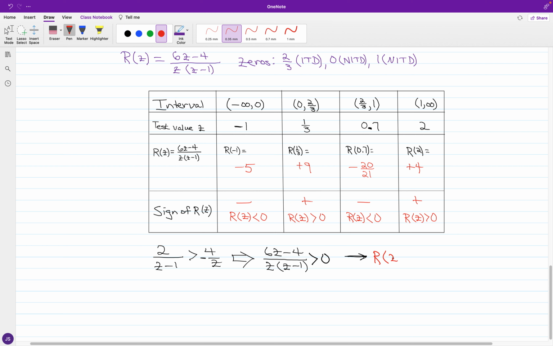And so we're looking at where r of z is greater than 0.